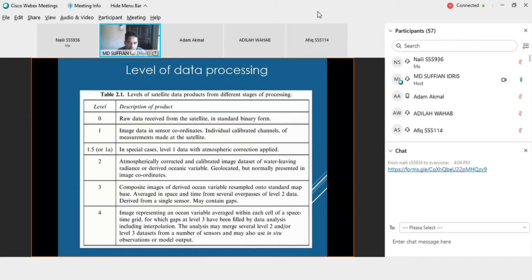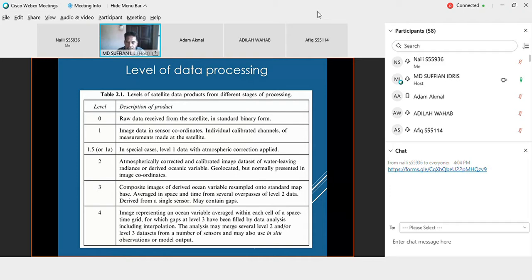Level 1.5, ataupun dia panggil sebagai level 1A ataupun 1B, apabila dia buat positional registration, dia masukkan location ataupun coordinates dan juga atmospheric correction. And level 2 dia lebih kepada dia come up with geophysical product. So you nampak dia ada chlorophyll, particulate inorganic carbon and so on.